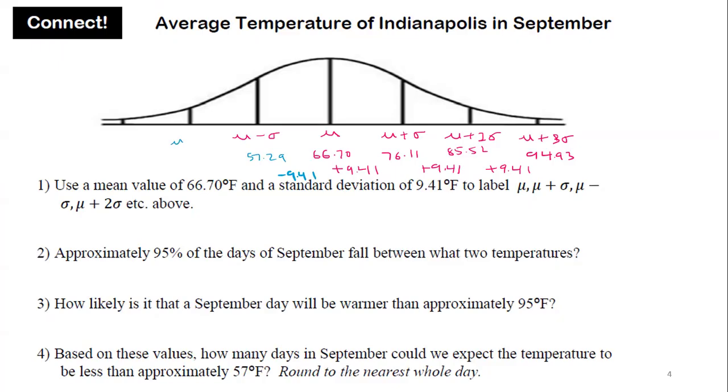Then this will be mu minus 2 sigma, and then mu minus 3 sigma. So again, we keep subtracting 9.41, subtract 9.41. We get 47.88 and then 38.47.